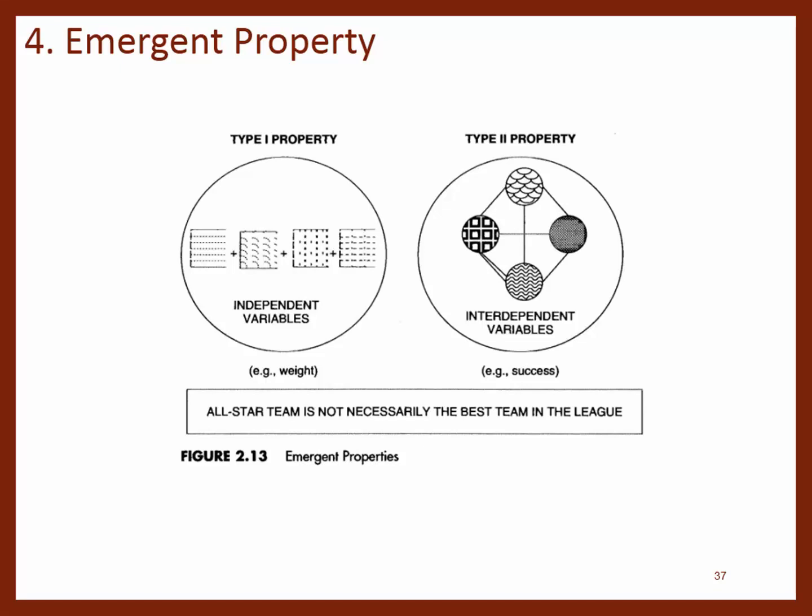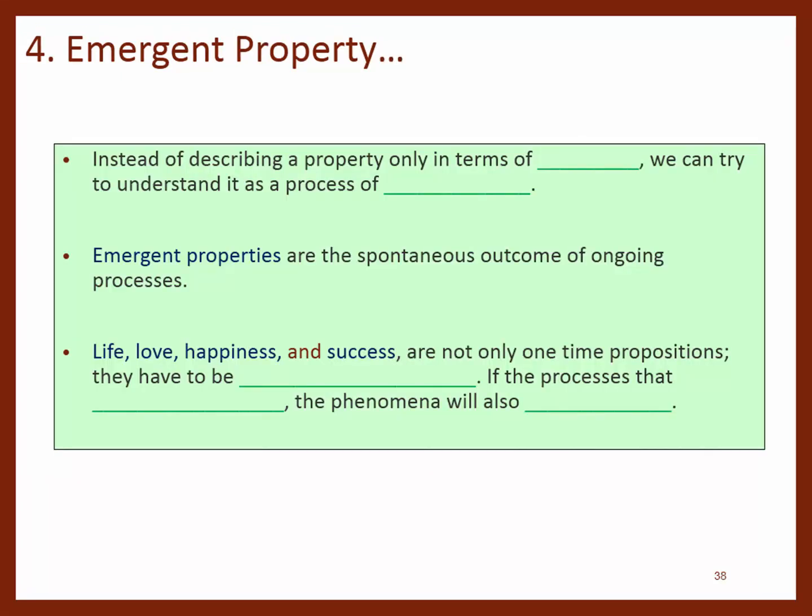And as we discussed, the emergent property is something that is not seen or expected, right? Instead of describing a property only in terms of being, you can try to understand it as a process of becoming. Emergent properties are the spontaneous outcome of ongoing processes, as we discussed for the ammonia combination, where you see it in color.